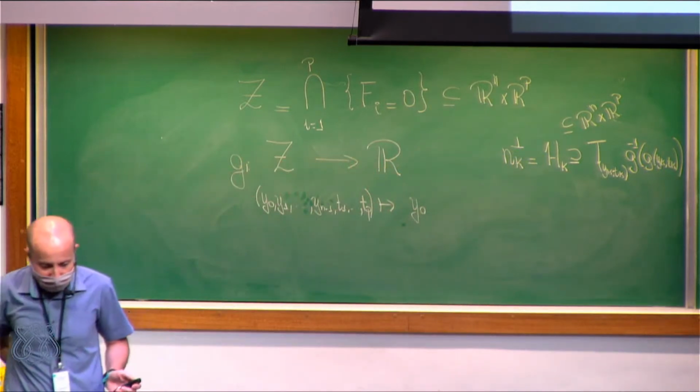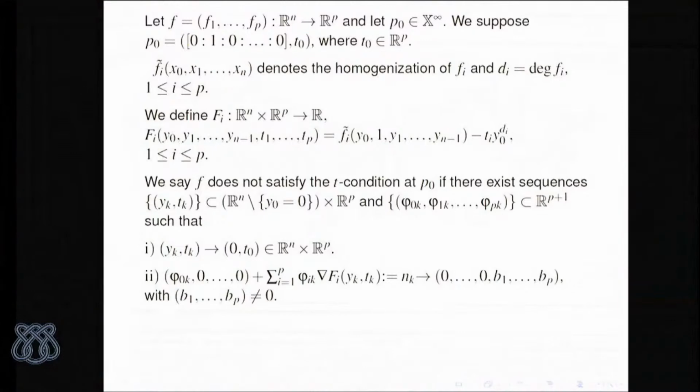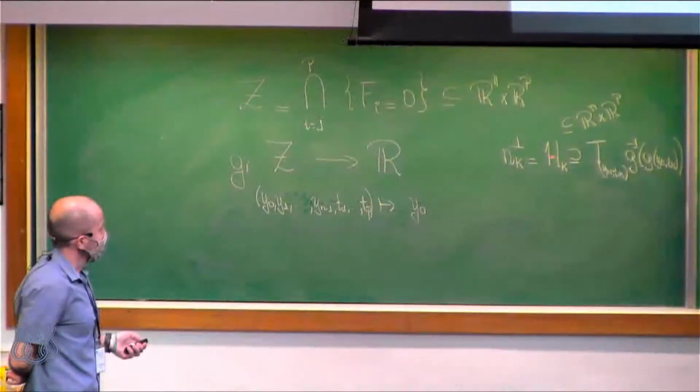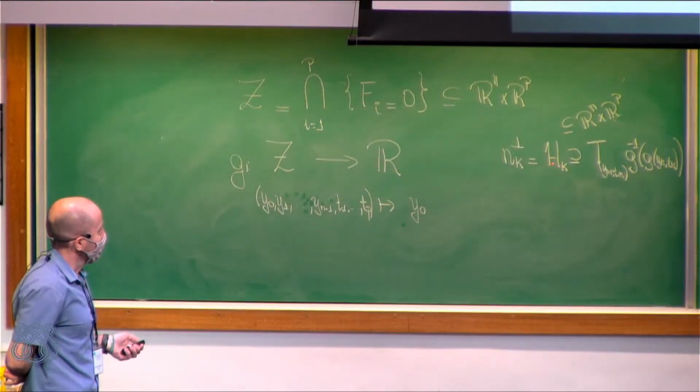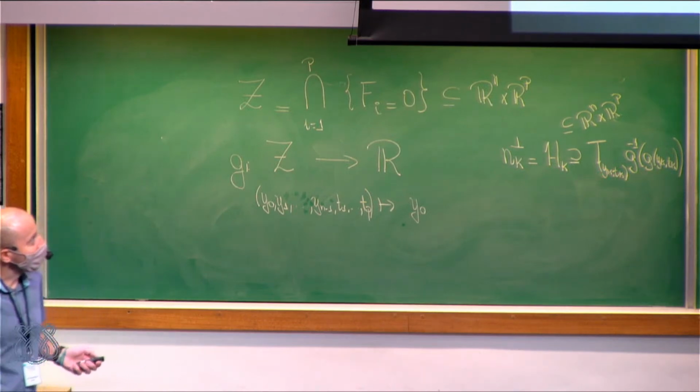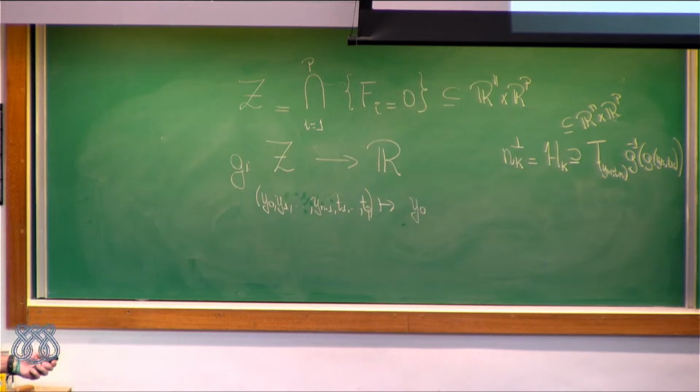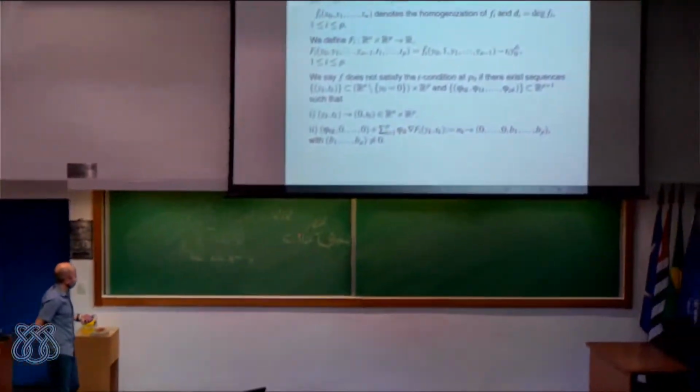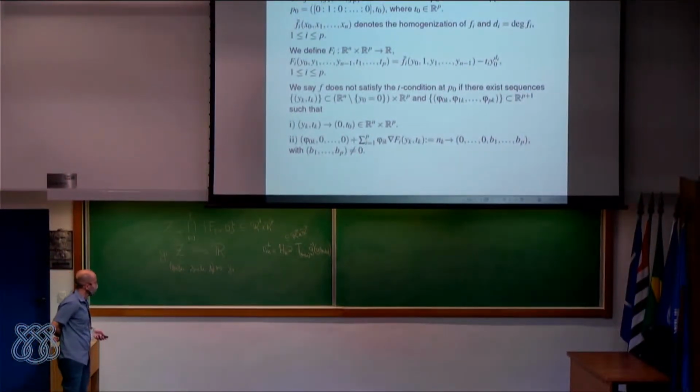Then for each nk, you can associate a hyperplane hk in Rn times Rp, just the normal of nk. This means that the hyperplane hk contains this tangent space. And you want to say what happens in the limit of this hyperplane. Geometrically, this limit gives some information about the limit of the hyperplanes hk.